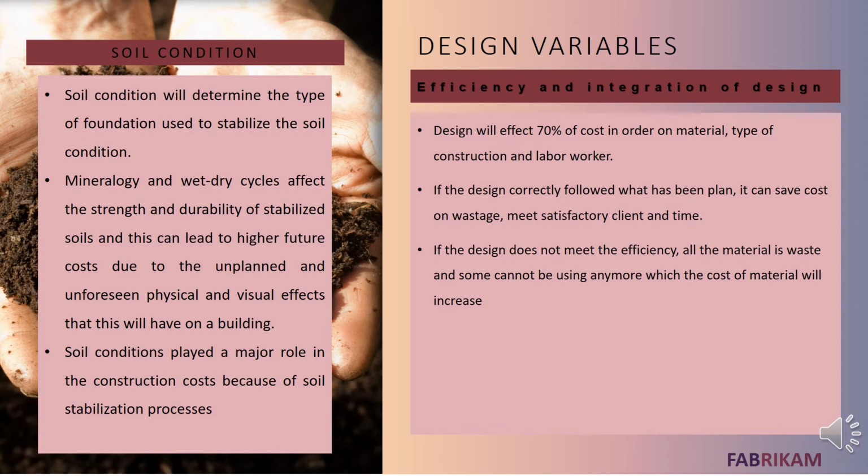Next is efficiency and integration of design. Design will affect 70% of cost in order on material, type of construction, and labor worker. If the design is correctly designed following what has been planned before the construction process, it can save the cost on wastage, satisfy the client, and also save time on construction.